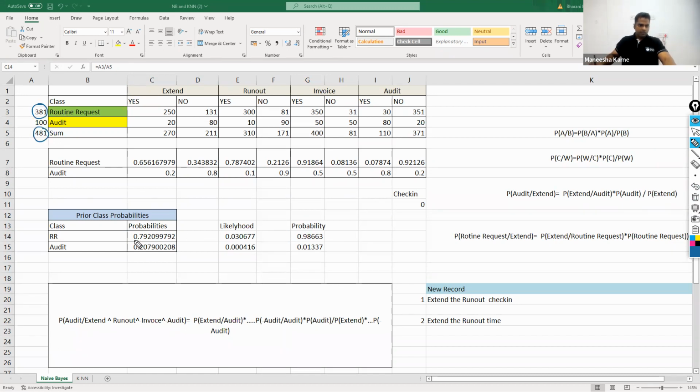When you divide it, you get this. How many audit related requests do you have out of overall requests? You get so much. So all we are trying to do is, from this formula, in order to calculate the left-hand side, you need to know the right-hand side values. So we're just trying to compute all of these right-hand side values.